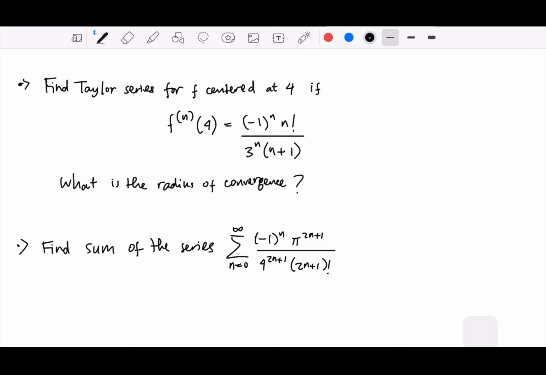When you have at least those essentials, it's much easier to convert a sum into a function or from a function into a sum or series.